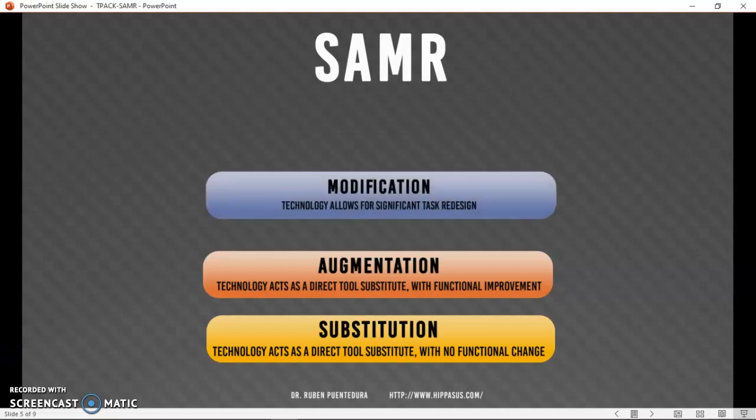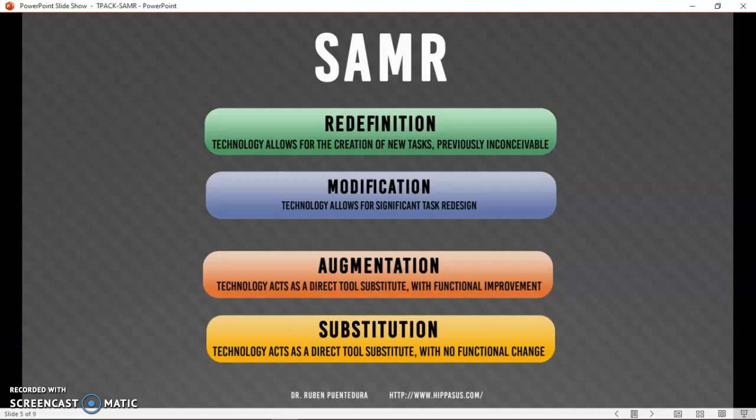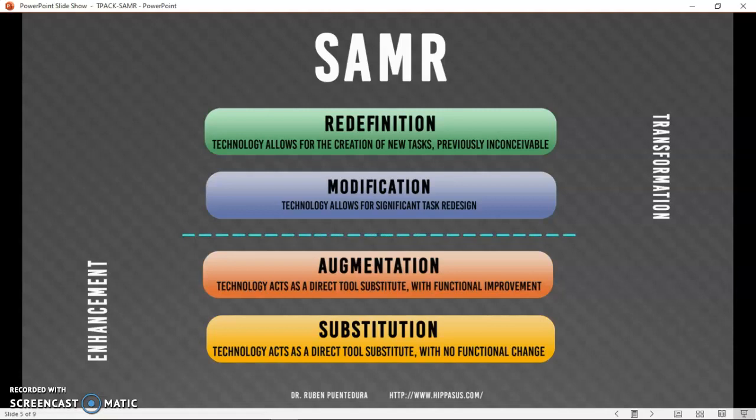The third level is modification, where the task is redesigned and encourages analysis. For example, students could collaborate on shared documents here. The fourth level is redefinition. This is where the task is totally redefined and would have been impossible had it not been for the technology.